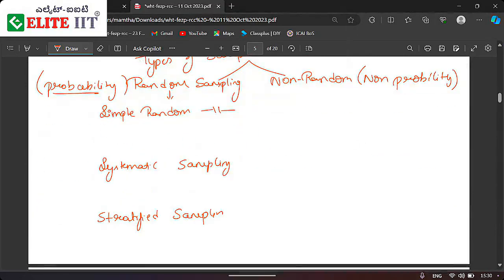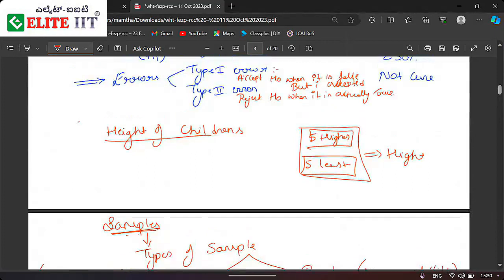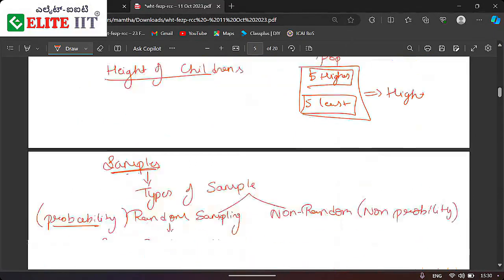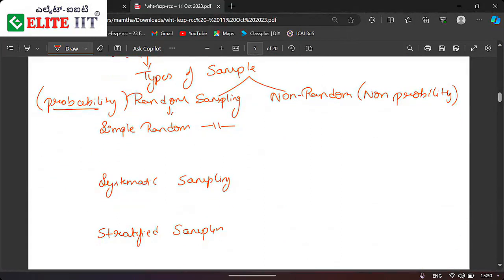In this, we have different types. So let's look into those different types right now. First and foremost, simple random sampling has almost the same characteristics I described for random sampling. Every member in the population has an equal chance of getting selected. My whole class is the population. The entire population has equal chances of being selected.